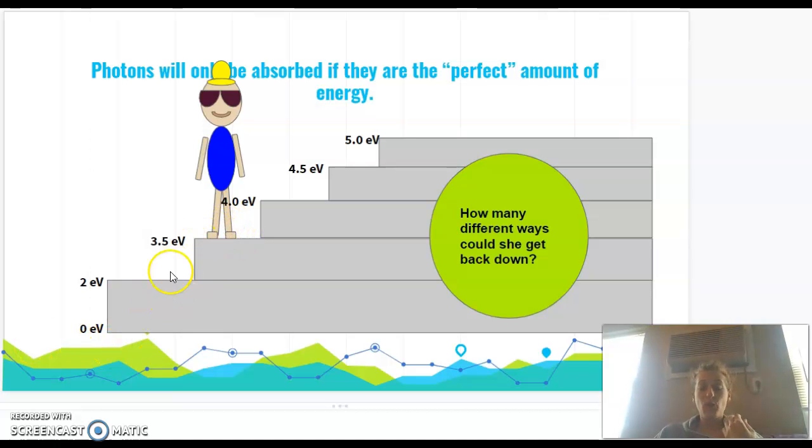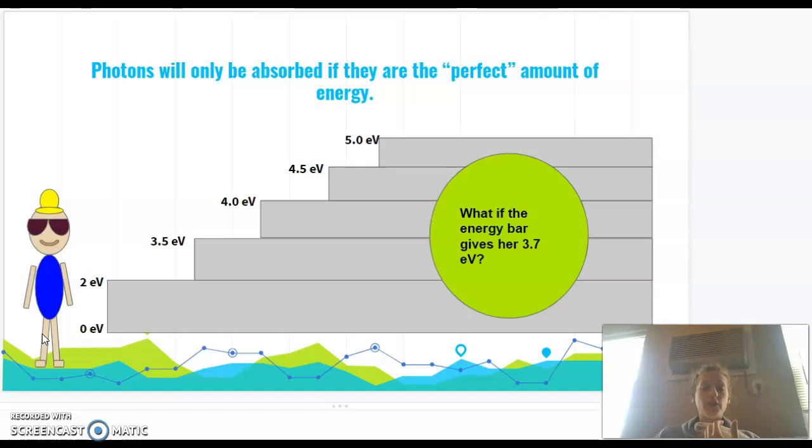And each way corresponds to a different amount of energy being used, right? From 3.5 to 2, that'd be just 1.5 electron volts. And then 2 to 0, that's 2 electron volts. If I go from 3.5 all the way down to 0, that's 3.5 electron volts. And each of these energies corresponds to a specific frequency of light.